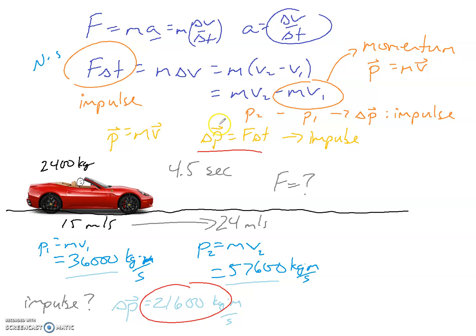Since I have the impulse and the time, I can divide the two to find the force. Force is just impulse divided by time. So 21,600 divided by 4.5 gives a force of about 4,800 newtons. So 4,800 newtons was used to accelerate the car.